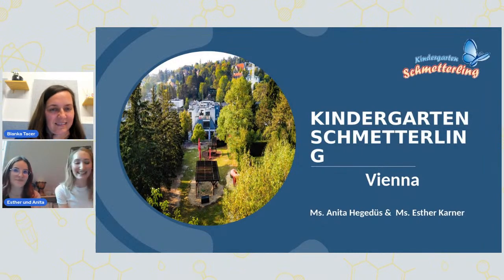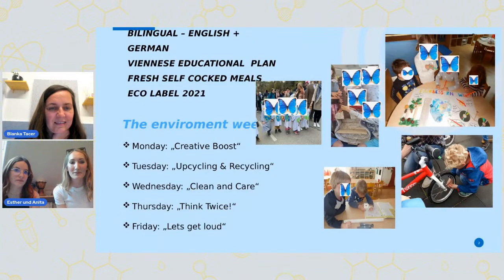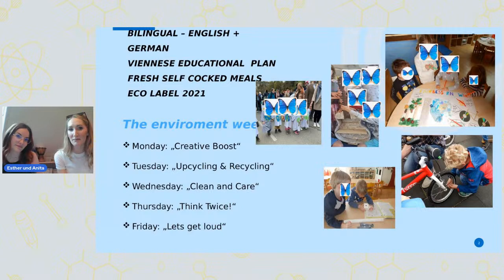We are a bilingual kindergarten. That means that all our activities and everyday life are spoken in English and German. We are following the Viennese educational plan. Our kindergarten is highly focused on providing fresh self-cooked meals.